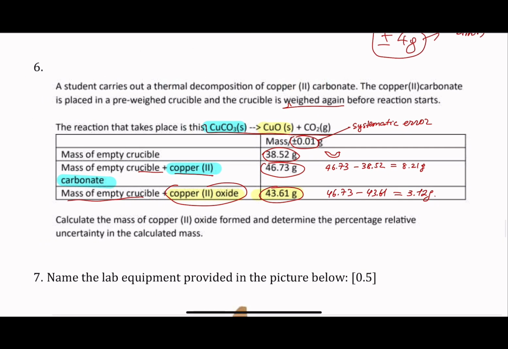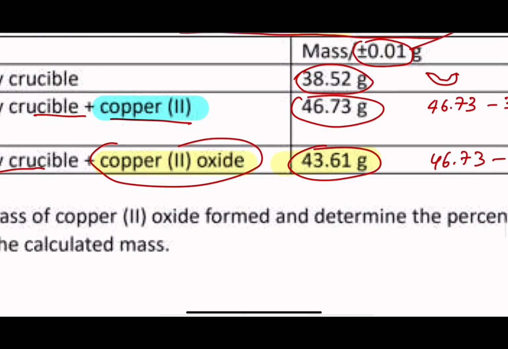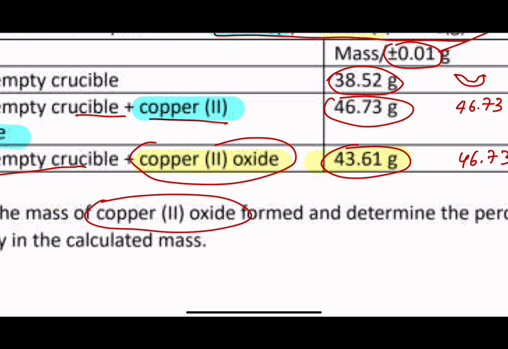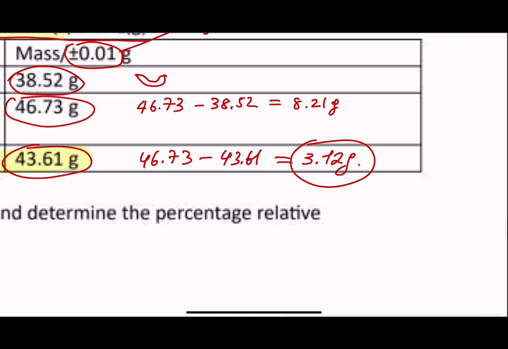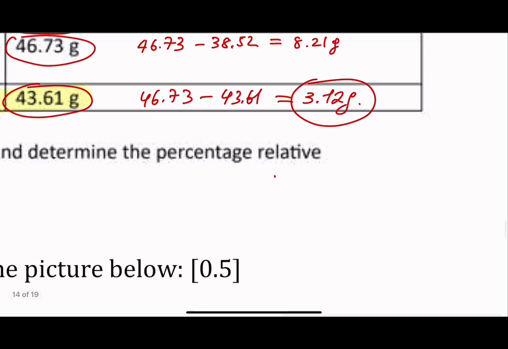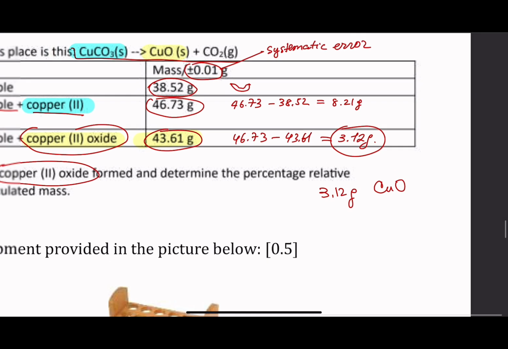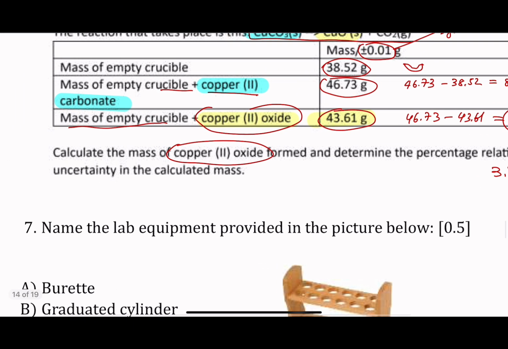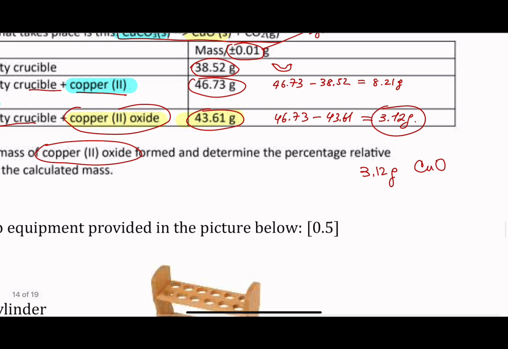Okay. Calculate the mass of copper oxide formed. Determine the mass percentage in the calculated mass. So they are just asking the mass of copper 2 oxide formed, which is this one in here. We got 3.12 gram of copper 2 oxide, and they're asking for us to find percentage relative uncertainty.